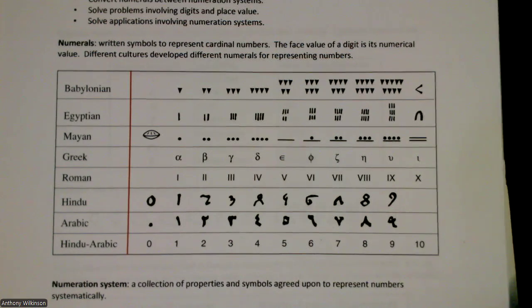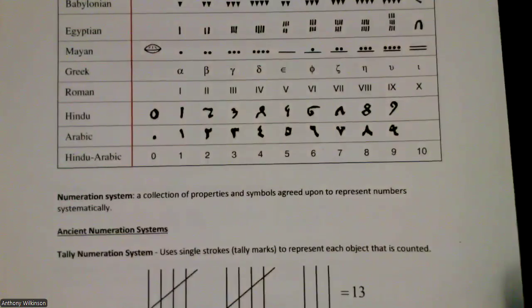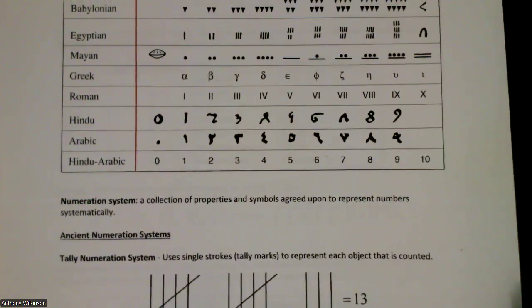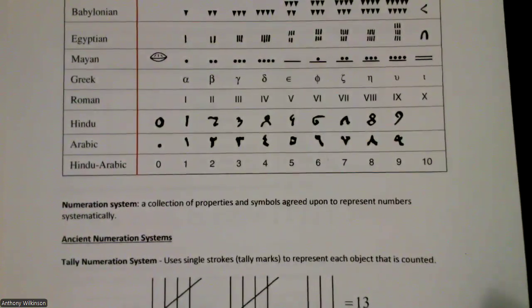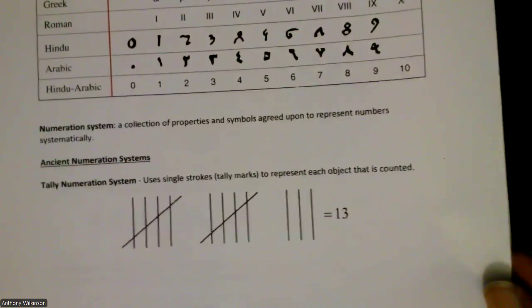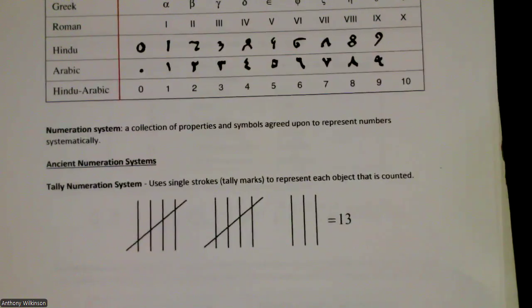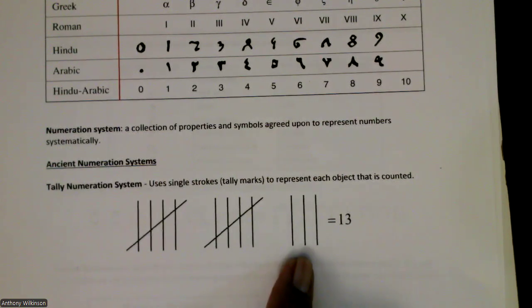Okay. Now, a numeration system, by definition, is a collection of properties and symbols agreed upon to represent numbers systematically. Okay, and let's look at some ancient numeration systems here. One of them would be the tally numeration system. Here they use single strokes or tally marks to represent each object that is counted. Like in this case right here, you can see they're just using single strokes, which are, of course, tally marks here.